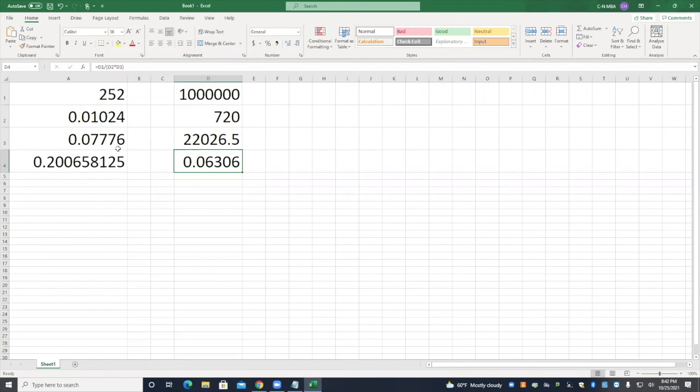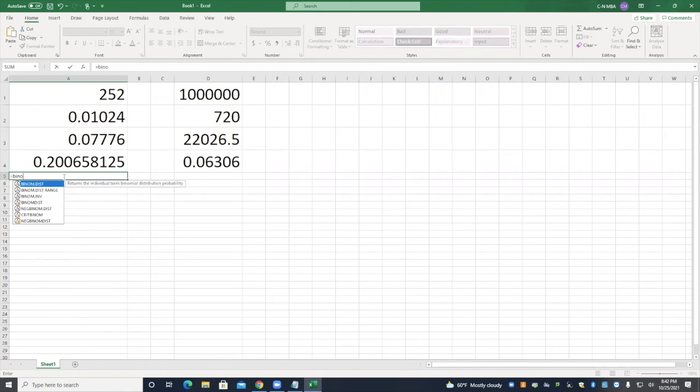Now, I'm going to show you how to do this with functions instead of torturing yourself with the different parts of the numerator and denominator, or in the binomial case, the many different parts, the factorials. Remember, this was what we were interested in, in the binomial case. So all you have to do is write binom.